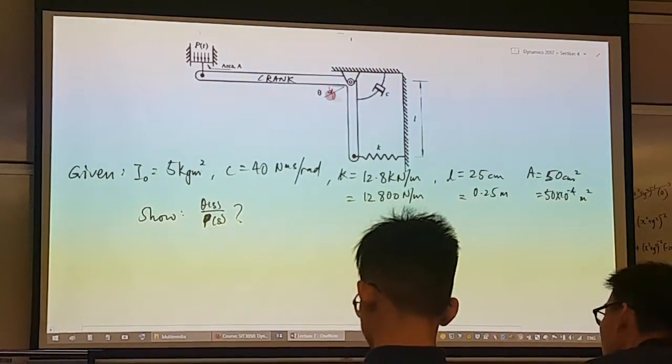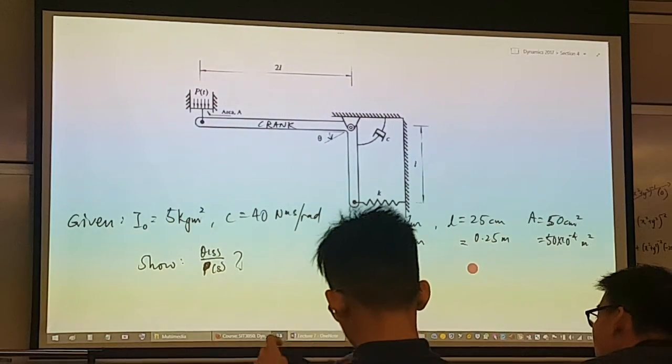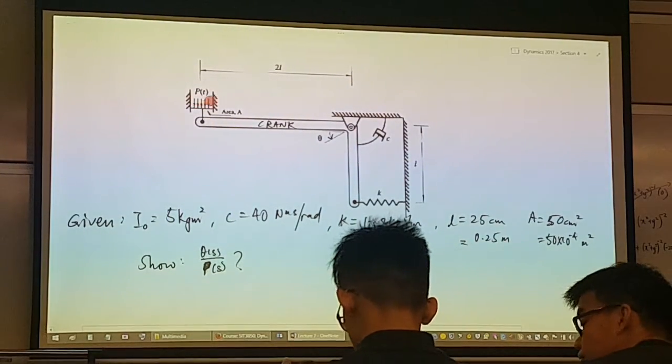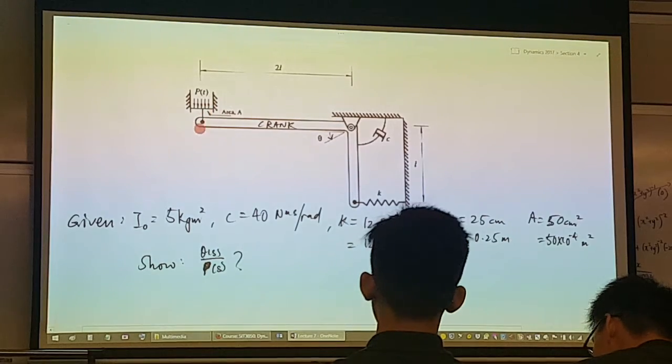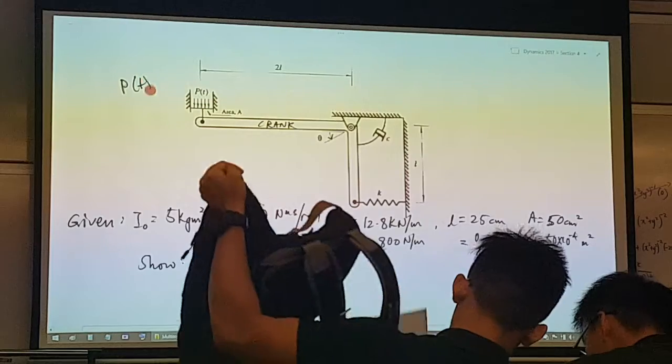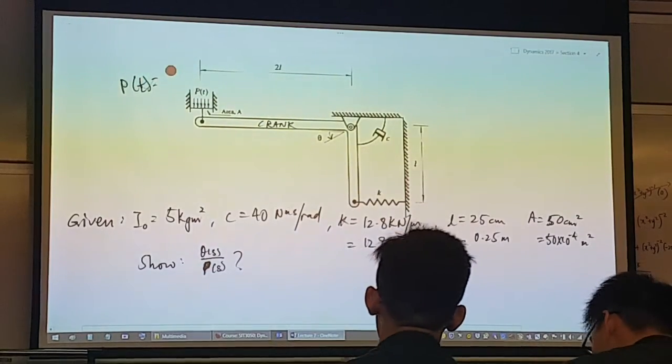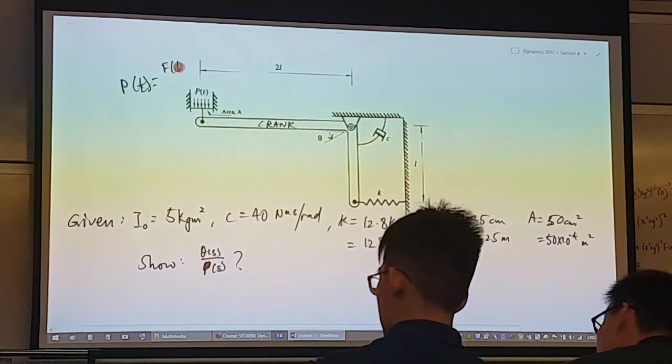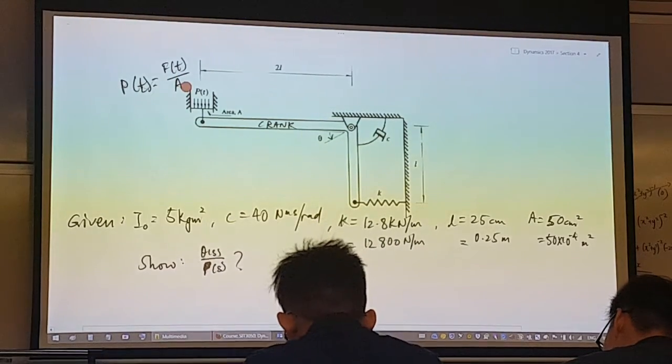So what I'll do is to convert this into a free body diagram. So I know that this pressure is applying to this point. As we know, pressure is equal to force divided by area.